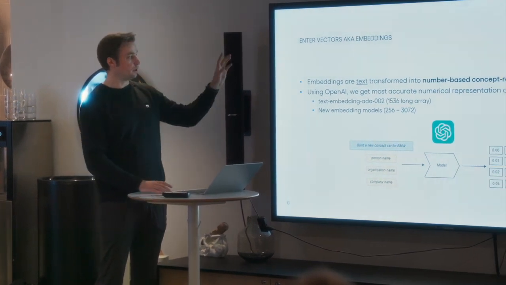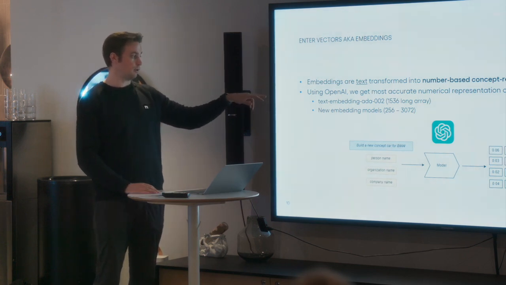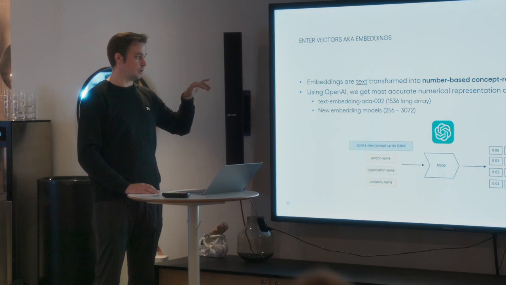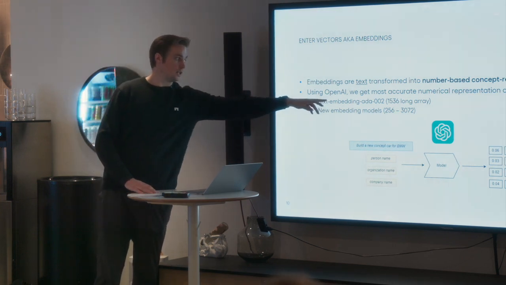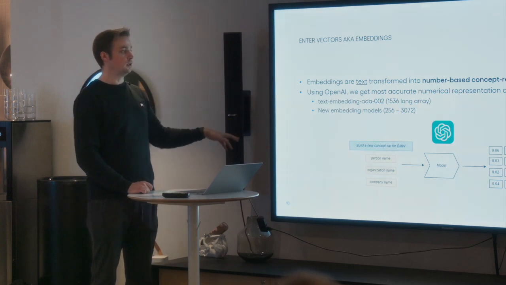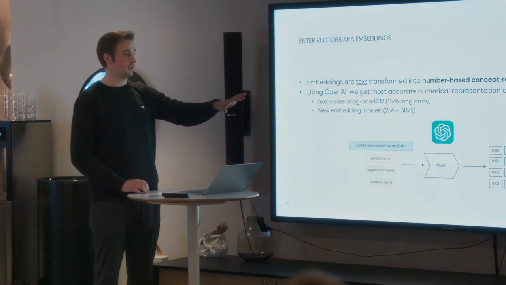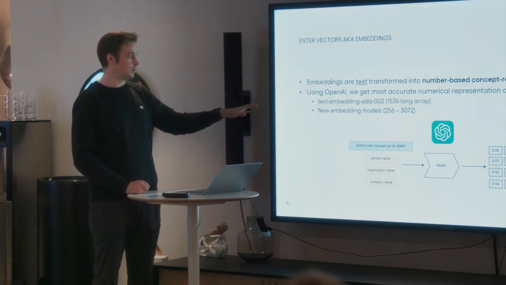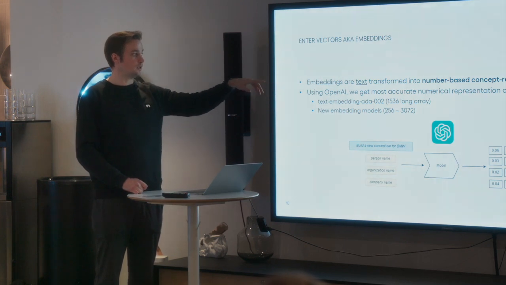And by the way, it was just a week ago that this was announced, at least a new blog post came out about the new embedding models. The old one, which is ADA002, you didn't have many options when transforming it into vectors. And it gives you an array over 1,500 numbers long.